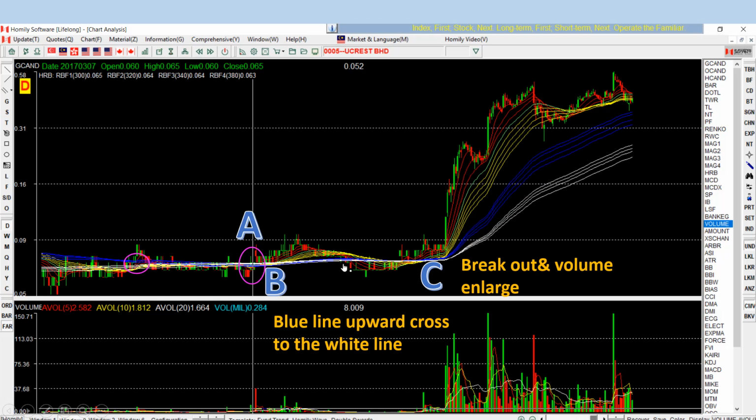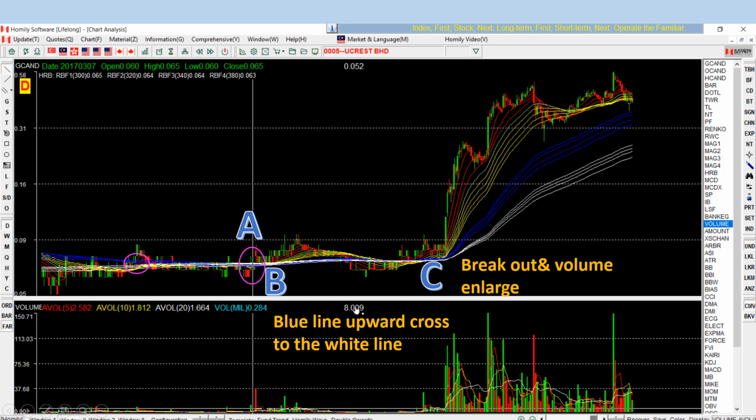And the buy point B, which is the blue line upwards crossing the white line. So here will be a golden cross, for the short-term MA upwards to the long-term MA.